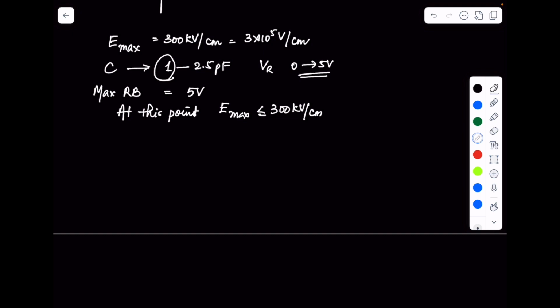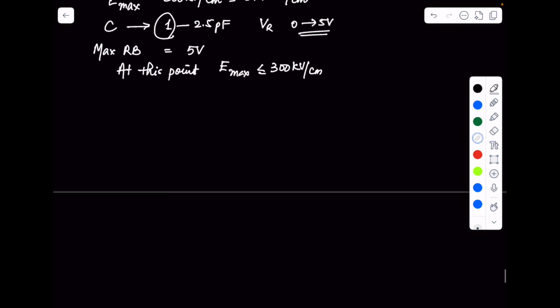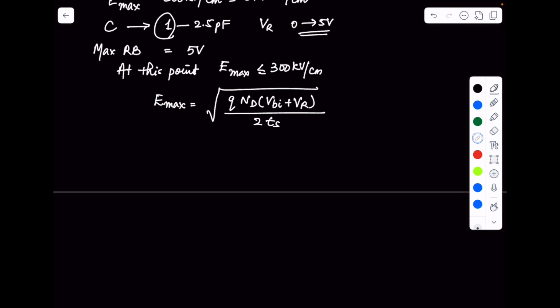If I assume that I'm barely hitting that, then my maximum electric field in the diode is given by the square root of q times ND times (VBI plus VR) divided by 2 times epsilon s. I want to find ND, and I know everything except ND. So therefore, my ND can be given as 2 epsilon s Em squared divided by q times (VBI plus VR), and you plug these numbers in.